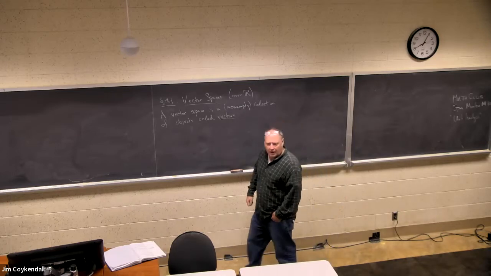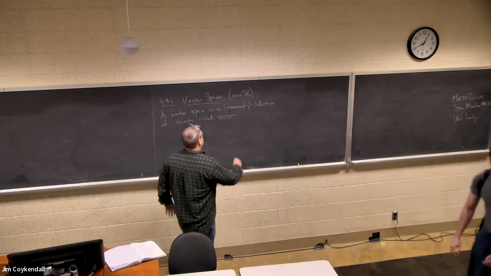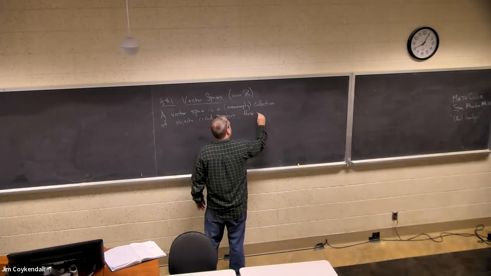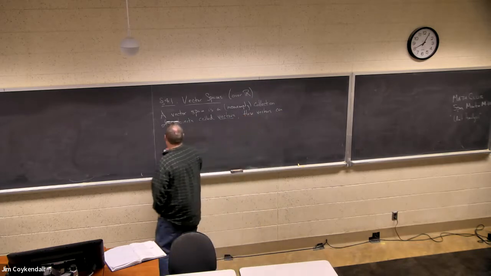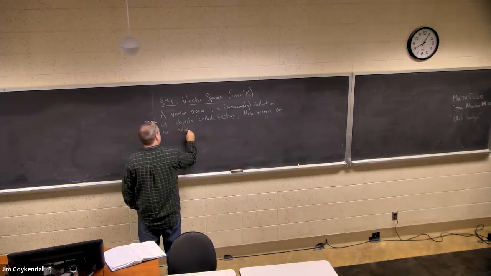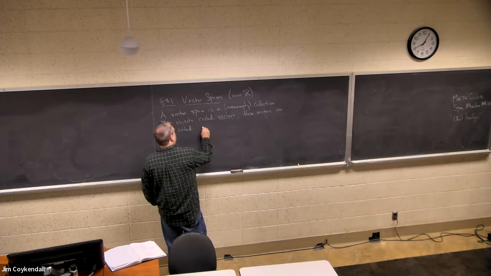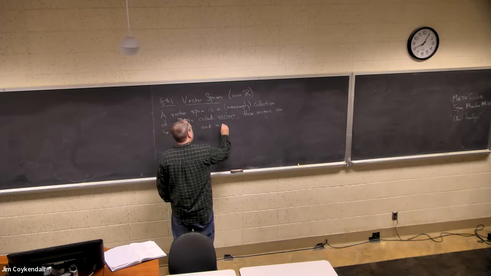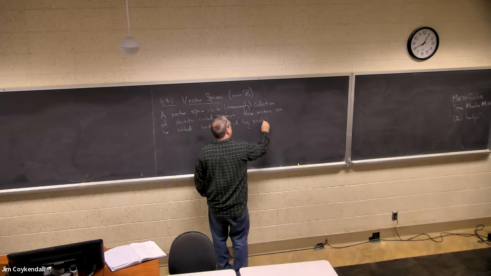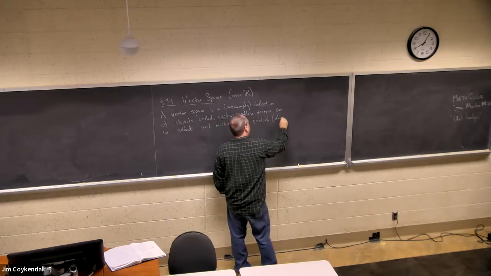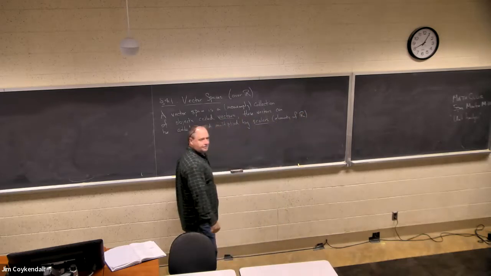I want to call these objects vectors, and these vectors can be added or subtracted, actually, and multiplied by scalars.